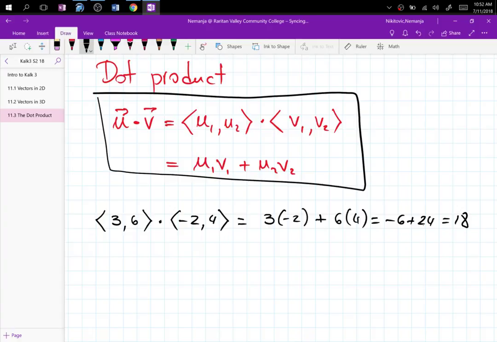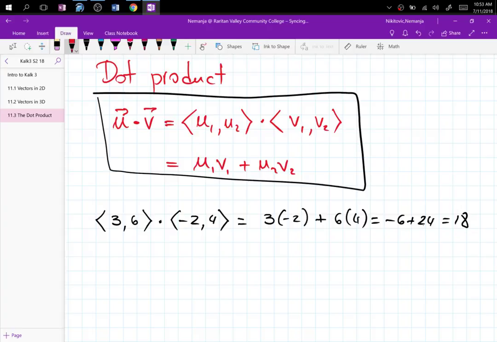Now, the other definition of the dot product is related to the angle between 2 vectors. One of the big uses of the dot product is to find the angle between 2 vectors.